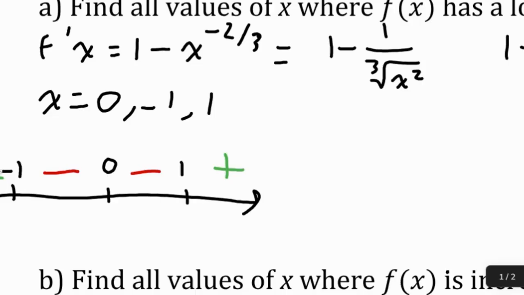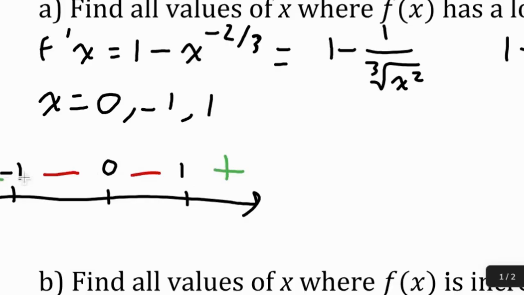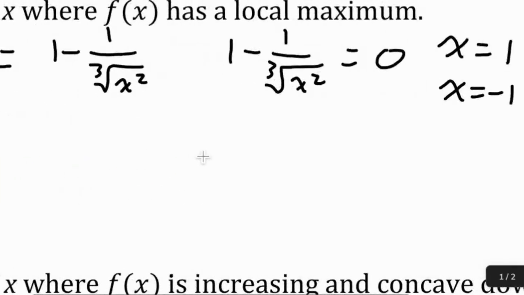So if we look on our sign chart, we can see that the derivative changes signs at -1 from positive to negative, and then it doesn't change signs at 0, it stays negative, and at 1 it changes from negative to positive. So remember, we want the one that changes from positive to negative, so that's -1. So we know that -1 is our answer.